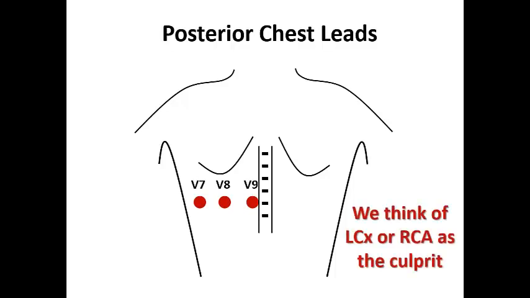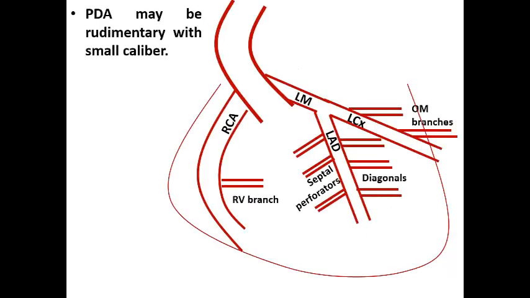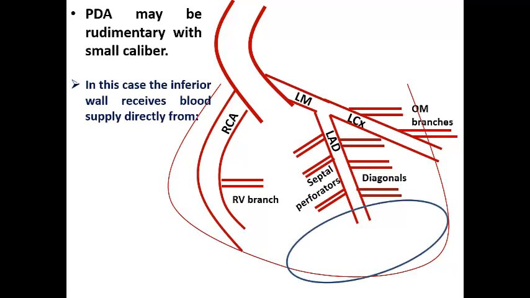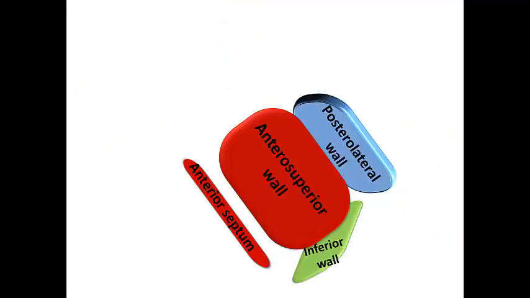And so in this case, we think of LCX as a culprit, or sometimes RCA, of course, if it is giving the origin to the PDA. And the PDA sometimes may be rudimentary with a small caliber. So in this case, the inferior wall receives its blood supply directly from RCA or from LCX or from the obtuse marginal.